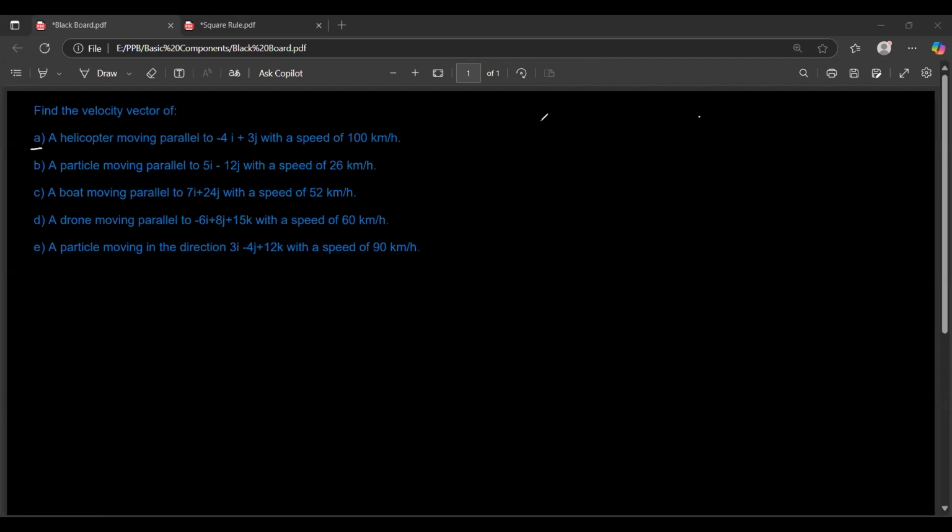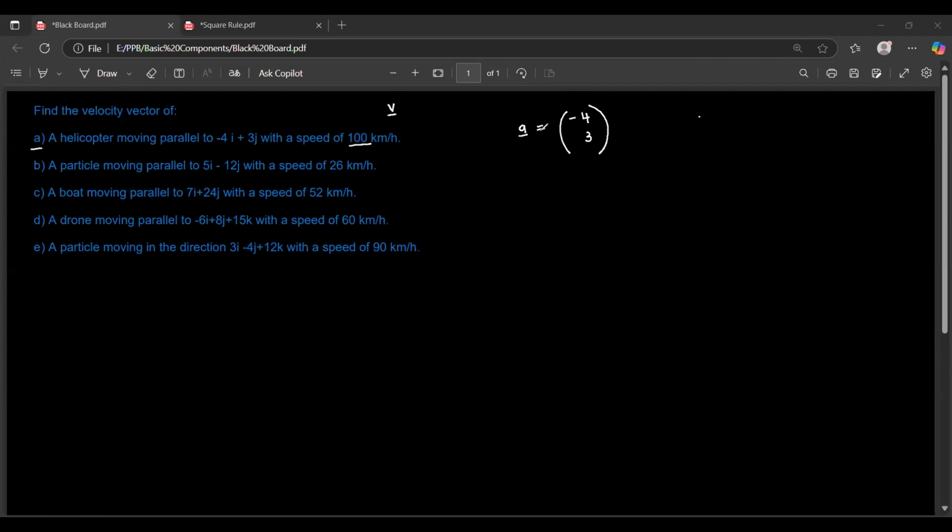They're saying a helicopter is moving parallel to minus 4i plus 3j. So the direction vector is parallel to the vector. Let's say the vector is equal to a, given as minus 4, 3. Let's say v is the velocity vector.